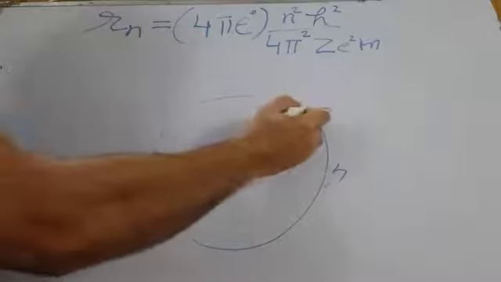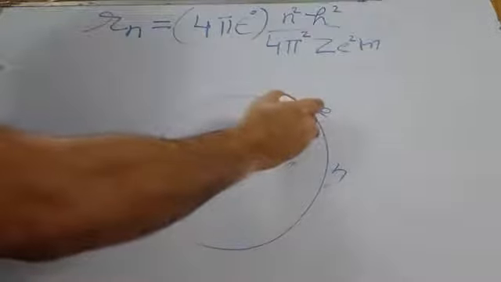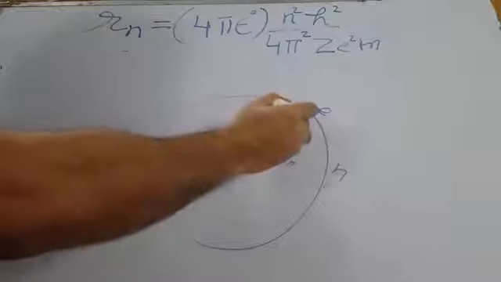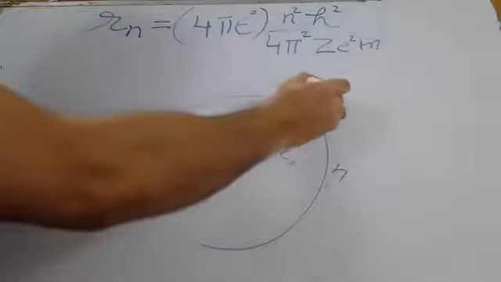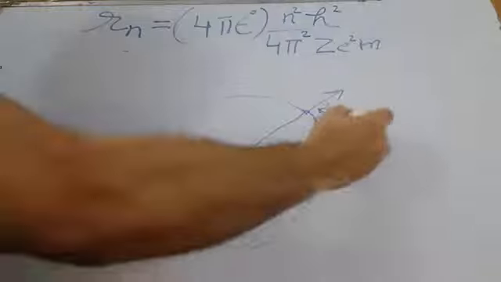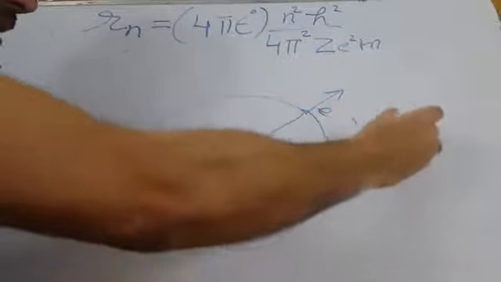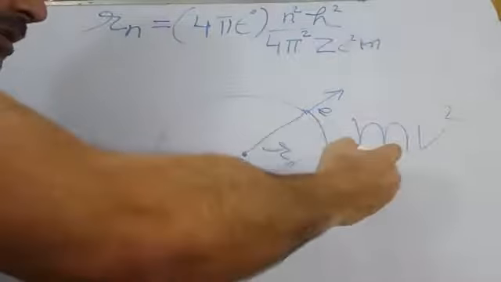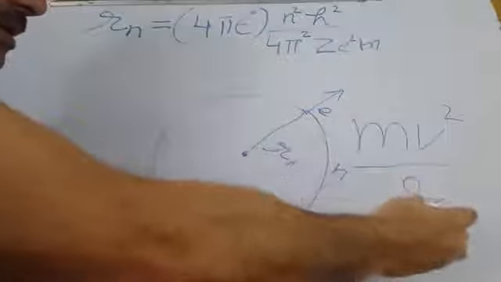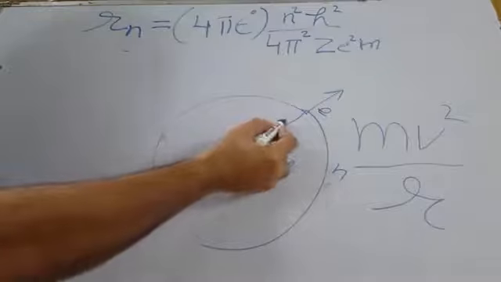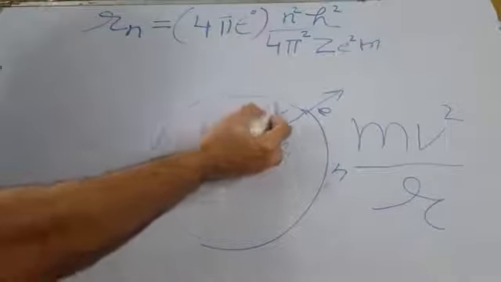Here this electron is experiencing two forces, one acting outward, that is the centrifugal force, which is given by mv square upon r. Another is the Coulombic attraction or Coulombic force.